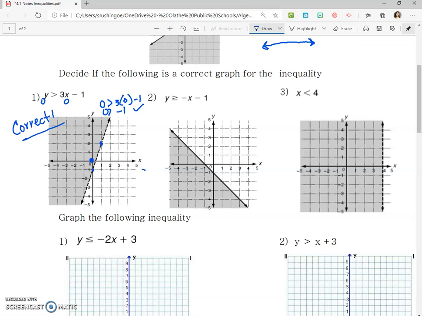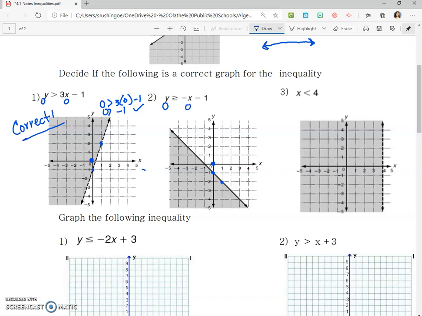Okay, on this one, looks like they started at -1, they went down 1, right 1. It is a solid line because it's got the line under there, so that's good. So again, let's try a point that we pick here. We can try 0, 0 and see if that is false, and then they did shade correctly. 0, 0 is always one of my go-to points.